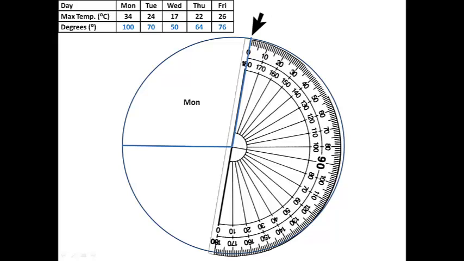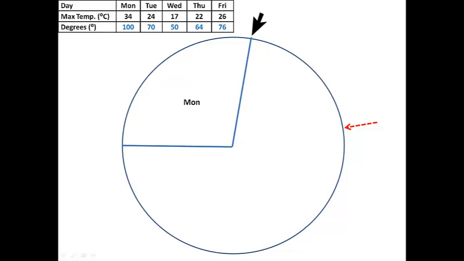I measure 70 degrees from the 0 to the 70 degree mark, and I remove my protractor. I now draw a straight line from the center of the circle to that point. I've now completed the slice for Tuesday.